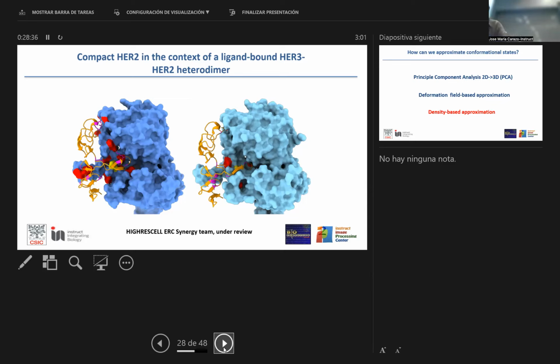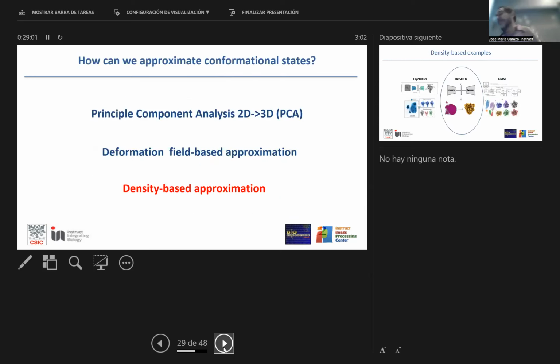So probably trastuzumab has many ways to act, but one of them is acting in a very allosteric manner, far away from where it binds, making the dimerization reach of HER2 much less accessible, and therefore making the formation of heterodimers much more difficult. This is one of the therapeutic actions that we have been able to get through this continuous flexibility analysis.